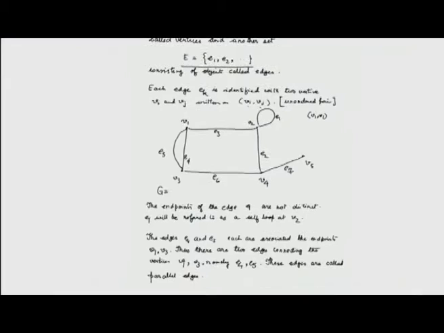Now, we can take the whole thing together and denote this graph by an ordered pair of sets, let us call it G, (V, E), where V consists of the vertices V1 up to V5 and E consists of the edges E1 up to E7. This is our graph.